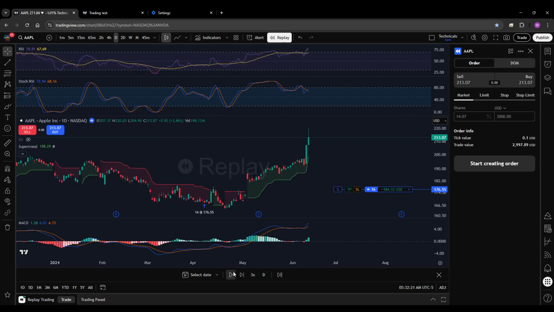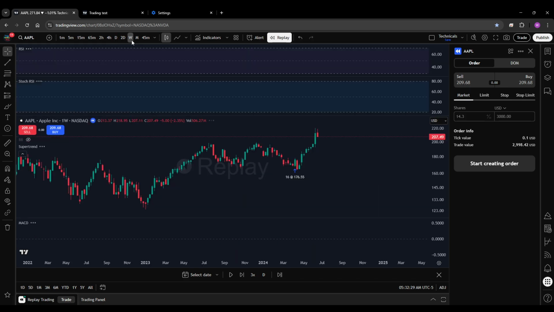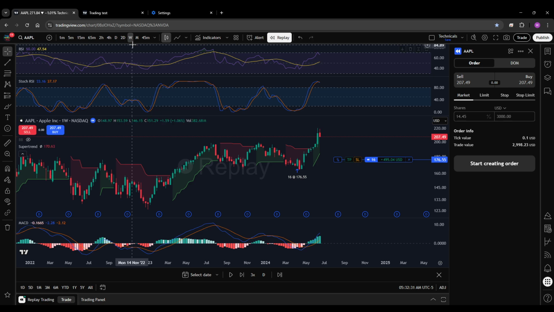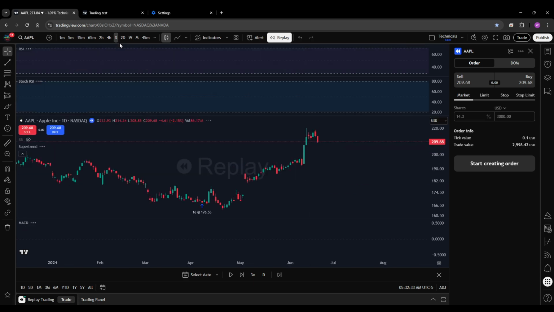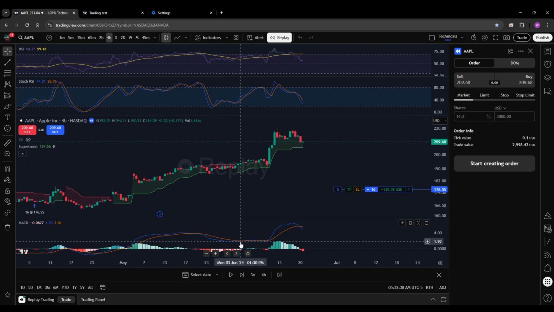So I'm looking at strength here on that 1 hour chart. And once again, in this case, could we use the 1 hour chart to exit? I think we can. So in this case, we're going to use the shorter time frame to exit, maybe. I'm using the 4 hour chart to get proper exit here.